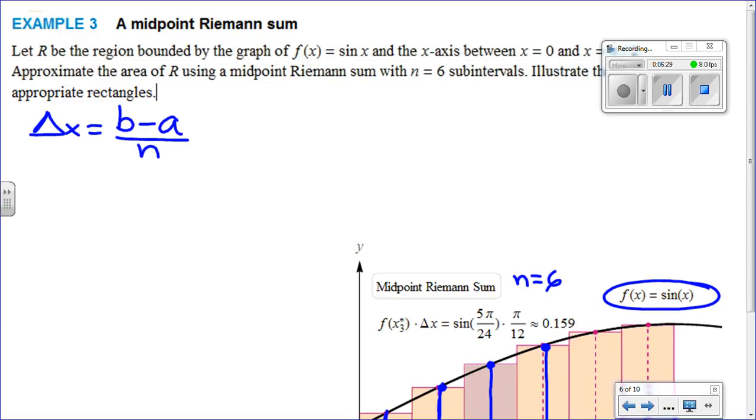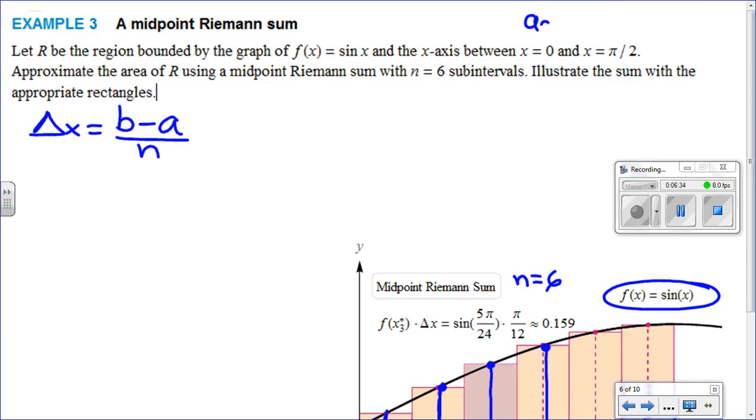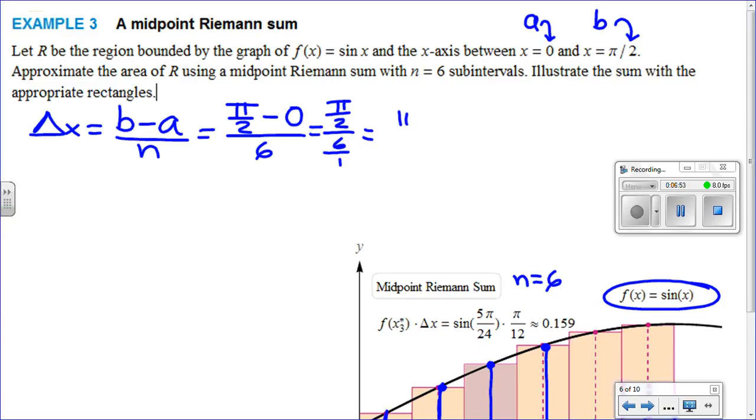In our case, A is going to be 0 and B is going to be pi over 2. So I'm going to say pi over 2 minus 0, divided by 6. Here we have pi over 2 over 6, so it's going to give me pi over 12. Are we okay with that? That's what I should have done last time, but I didn't do the 12.